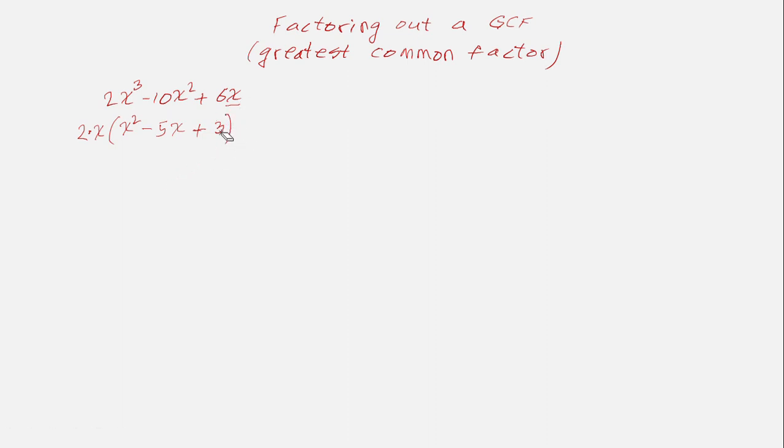We can check this one also. 2x times 3 is 6x. Okay, so we factored out the greatest common factor. Now what we need to do is check if what we have inside parentheses here can be factored some more. And in this case, it cannot be factored.